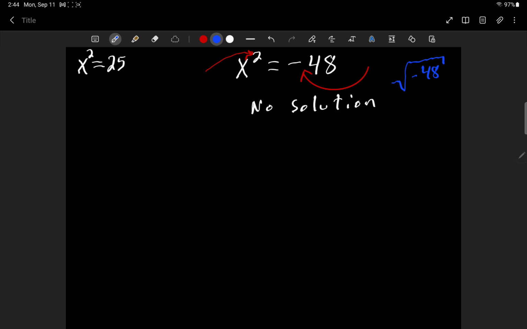Now, you could have a different index. This is considered to be a 2, even though we don't write it. But if you had a 3 there, you could maybe do something, or a 5 there. If it was odd, you could probably do something. We don't normally write the square. It's considered to be there, but we don't put it.